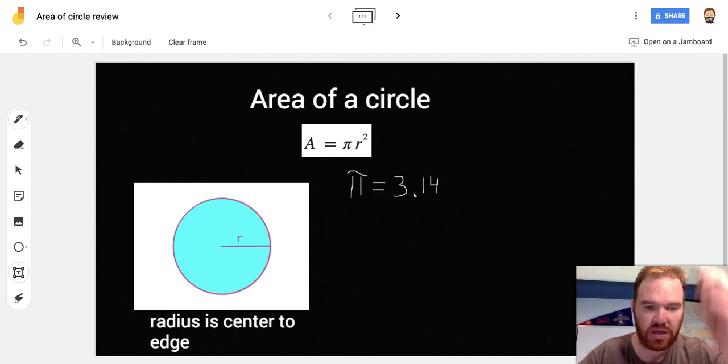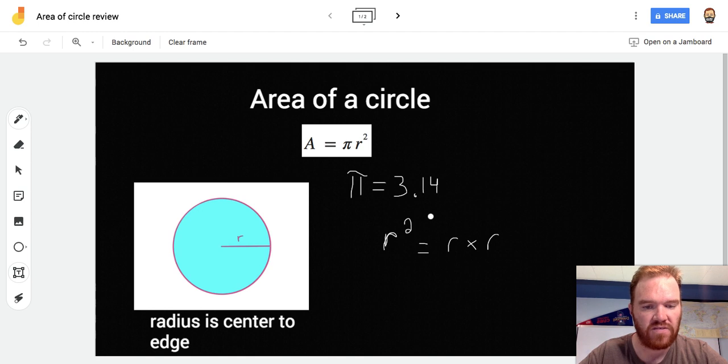Now the second part is the square, or the second power. Whenever I have something to the second power, in this case my r to the second power, this means radius times radius. Anything to the second power means times itself.